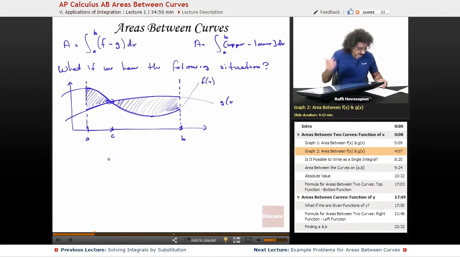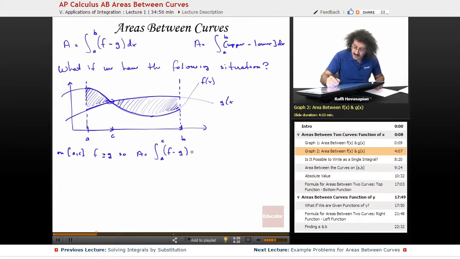That's it. So let's write this out. On the interval a to c, f is greater than or equal to g, so the area is equal to the integral from a to c of f minus g dx.